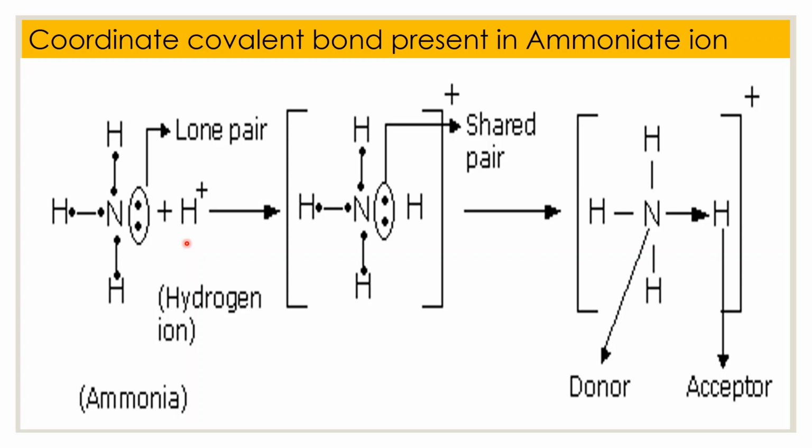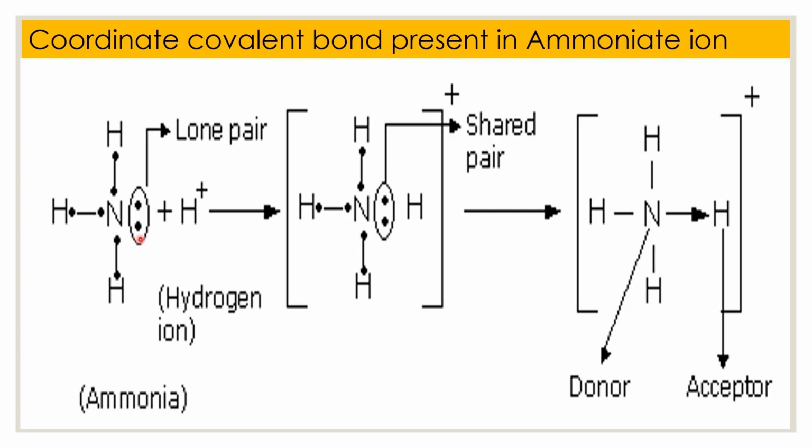So H plus ion, hydrogen has 1 electron, but H plus ion doesn't have any electrons. So therefore H plus ion needs 2 electrons to get stability. Therefore between ammonia and H plus ion, the central atom nitrogen donates one lone pair for bonding.